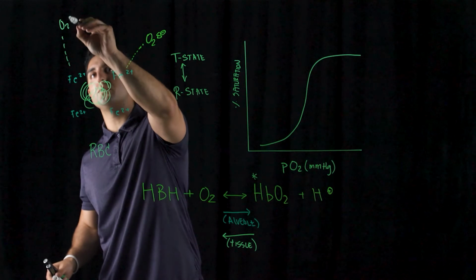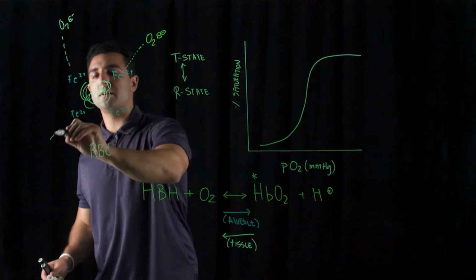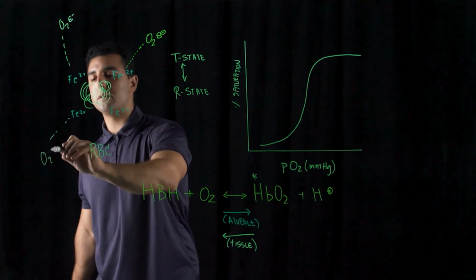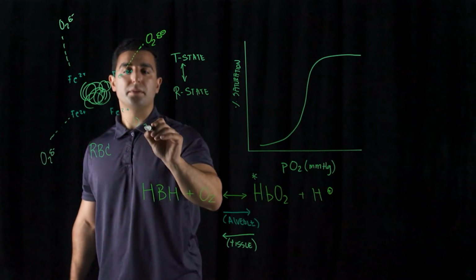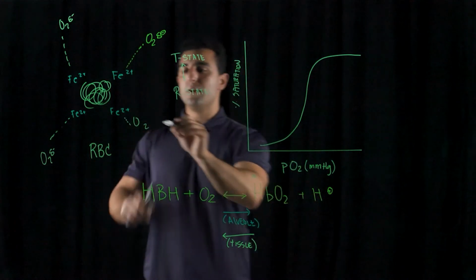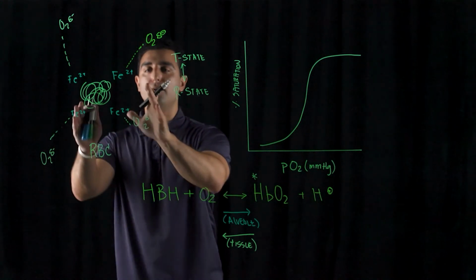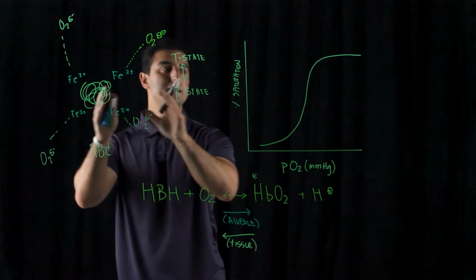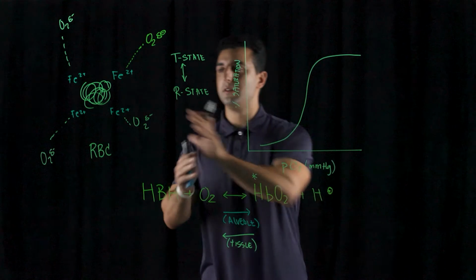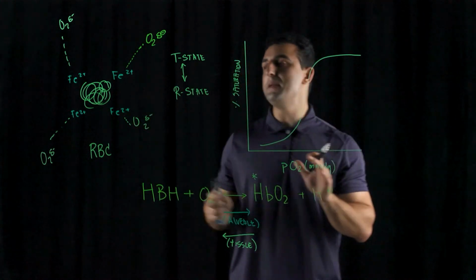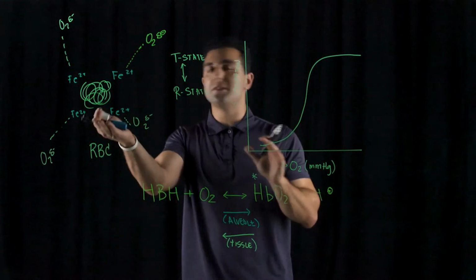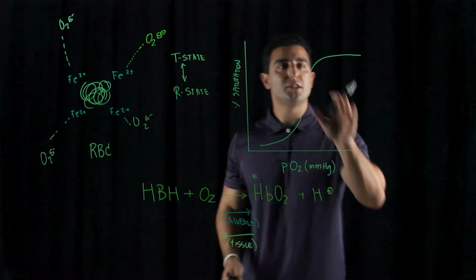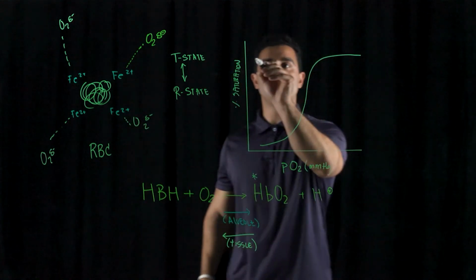More oxygen with the partial negative charge can come in much more freely to combine to these iron groups. Now, when you have all 4 sites bound, you have pure saturation, meaning there is no more availability to bind any other receptors. That's where you have this plateau right here.